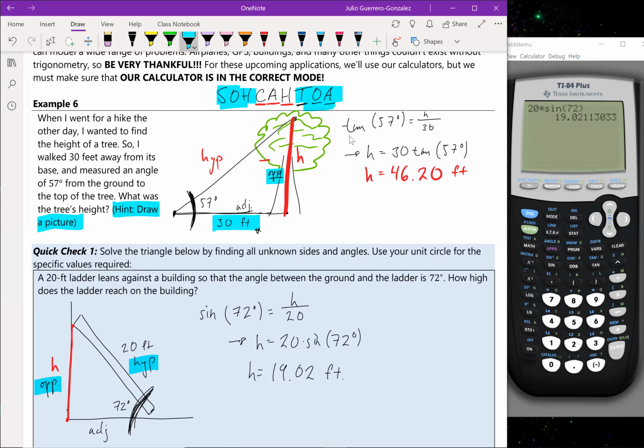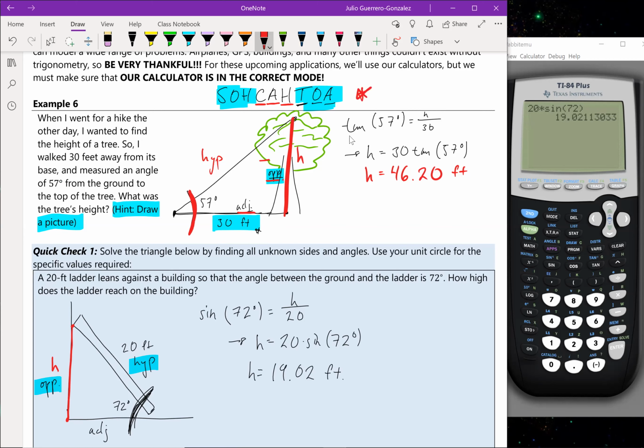So the first thing you should always check is where your angle is. Our angle is that one. So it's good to label opposite and adjacent, and then go ahead and look up at SOHCAHTOA and see which one is dictated for that particular problem.